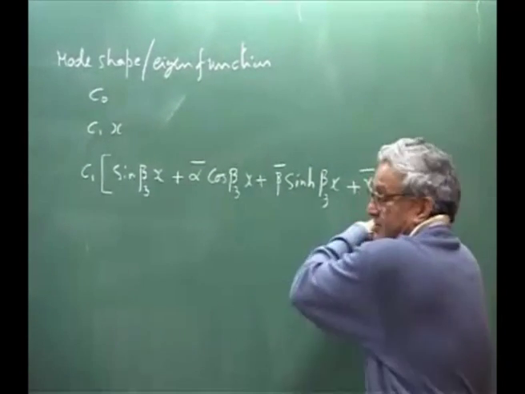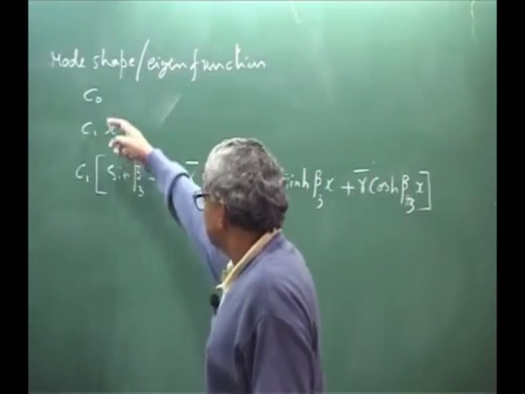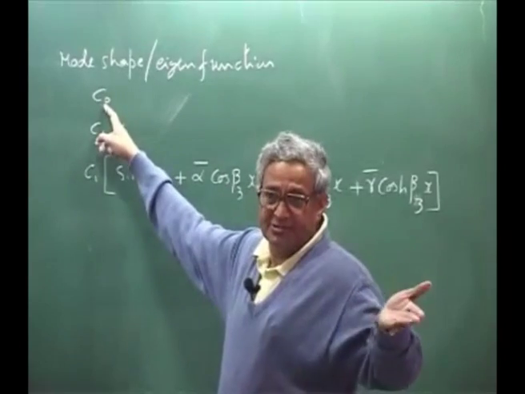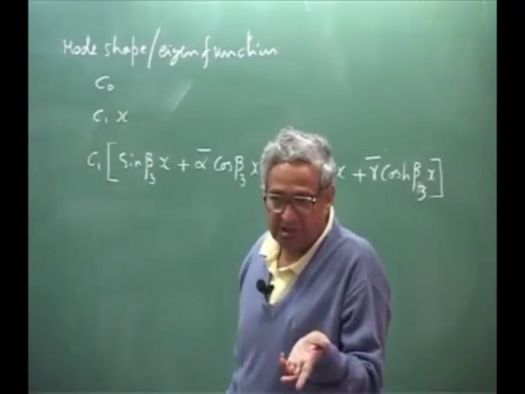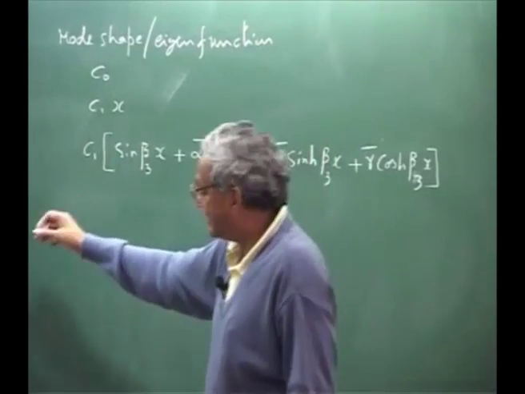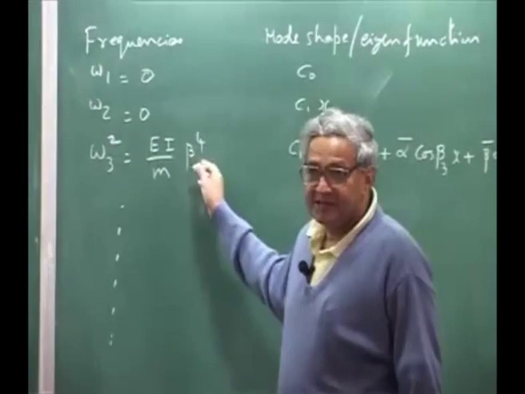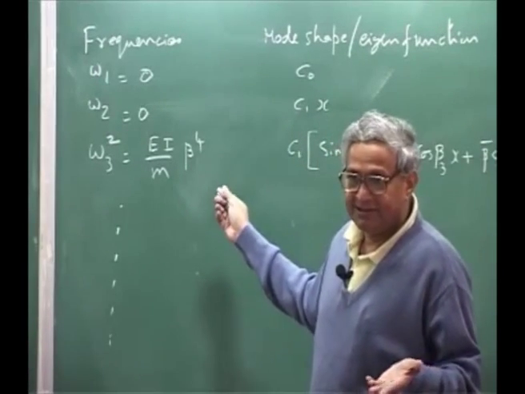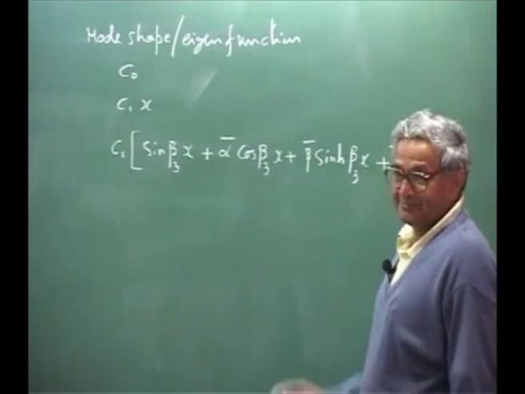This is my shape function because C1 I don't know, arbitrary. Like here, this is C0. I don't know how much it will move, but every point will move. C1, I don't know. Like that you can have 3 as n, and correspondingly this will change.